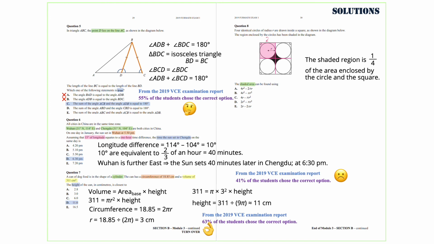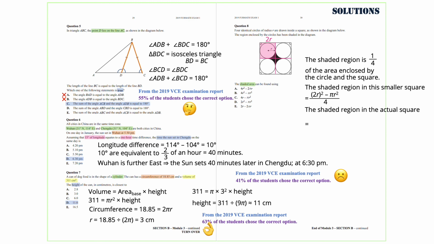The length of the square is 2r, so the shaded region in this smaller square is equal to 2r all squared minus pi r squared all divided by 4. The shaded region in the actual square is equal to 4 of these areas.